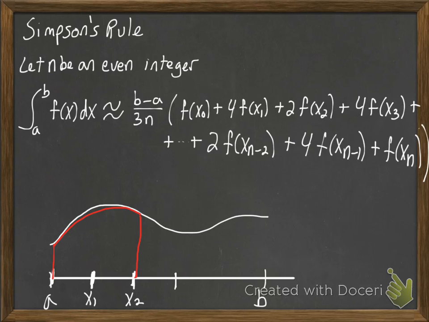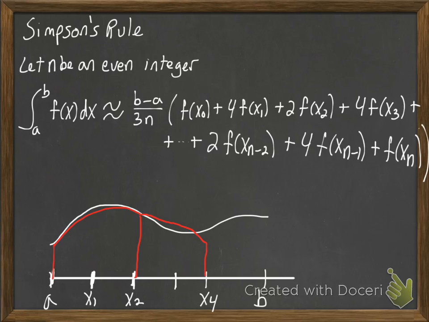So in this picture that would be x2, x3, and x4. And again, we approximate the graph using a parabola through those three points. So it might be something like that.